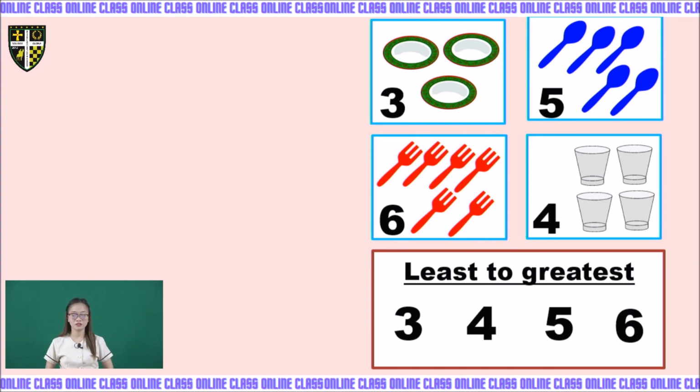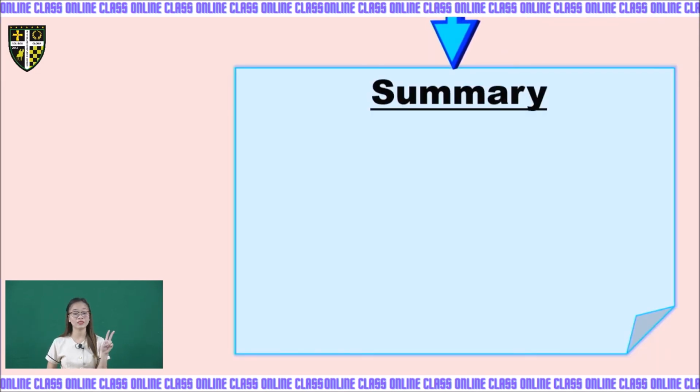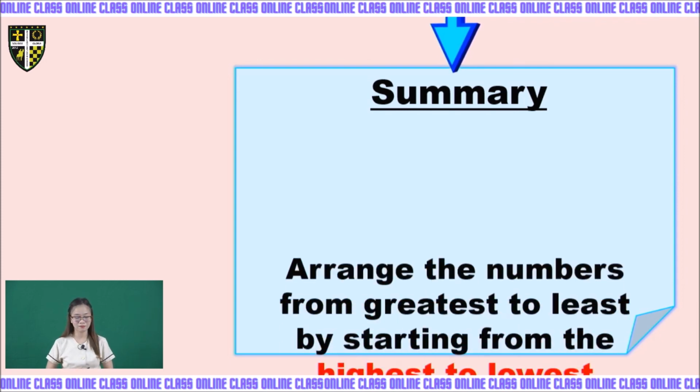Okay, kids, do you understand? Again, we have two ways to order the numbers. The first one is from greatest to least. The second one is from least to greatest. So those are the two ways of ordering numbers. For the summary of our lesson, kids, please listen.